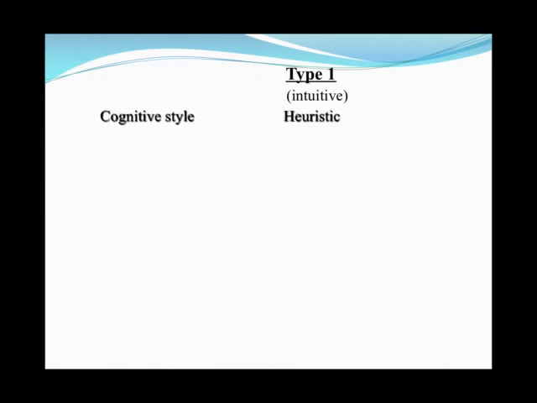The type 1 process is heuristic, which we talked about in the last lecture a little bit. It means you have these shortcuts. His shortcut is pattern recognition. He's seen this pattern before, so boom, he jumps to the diagnosis.